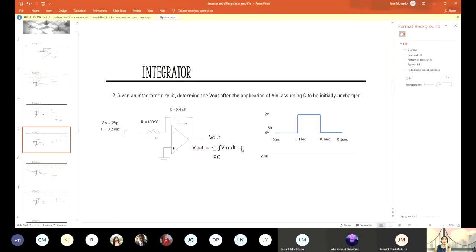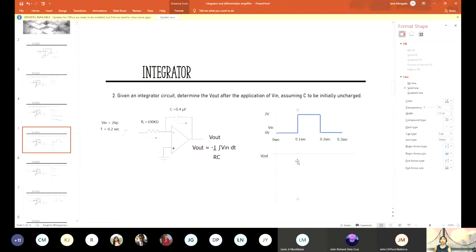V out, so 0 to... Let's put a line here.